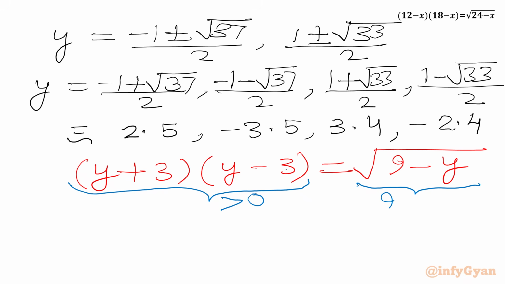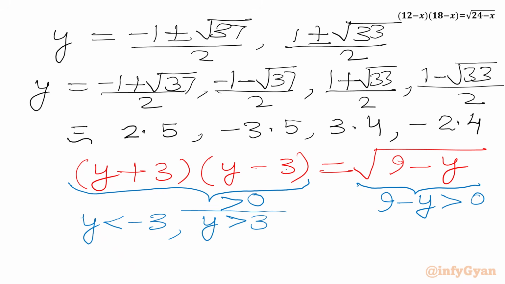Now from RHS, the radicand must be positive for real solutions. So we are going to get two inequalities, one from LHS, other from RHS. So y must be less than minus 3 or y must be greater than 3. This is from the left hand side. And from the right hand side, we will get y should be less than 9.